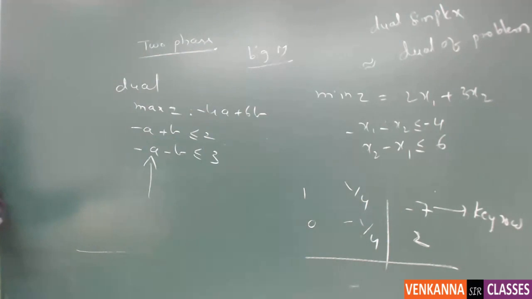Because two-phase method is very convenient, because for the artificial variables you are taking 1 and -1, right, in the coefficients. It simplifies the procedure in calculation of the tables. So you can apply two-phase method. So two-phase method is easier than the simple big M method, because the involvement of M is avoided there. So you can follow the two-phase method.